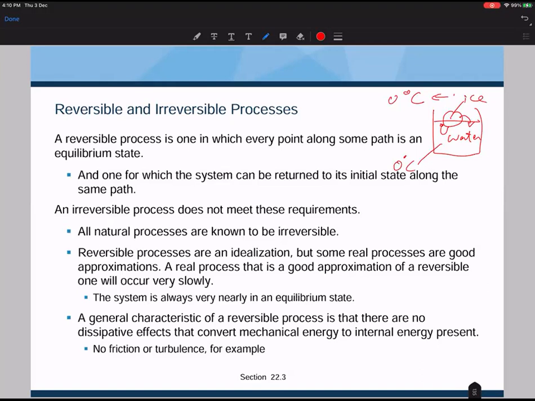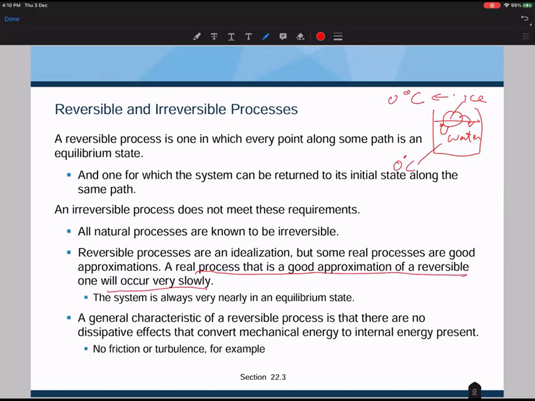But on the other hand, if there is a temperature difference, then the transfer of the heat energy between the two systems would not be reversible. It would only take place in one direction. Of course, we could try to make the process look reversible by having the process occur extremely slowly.